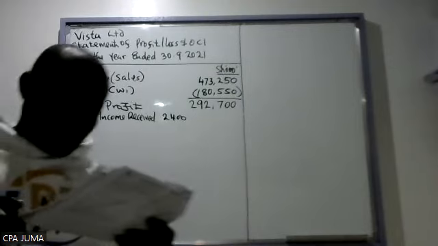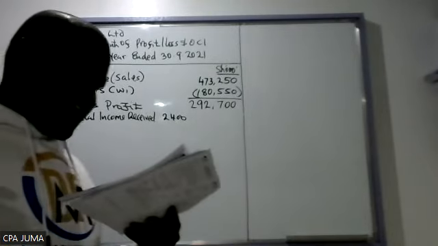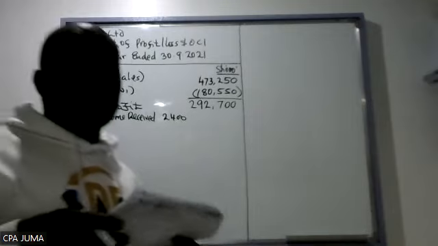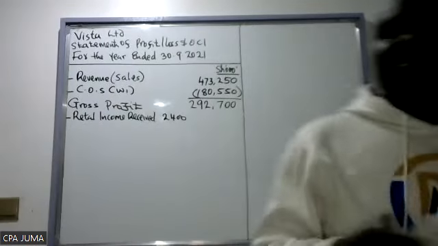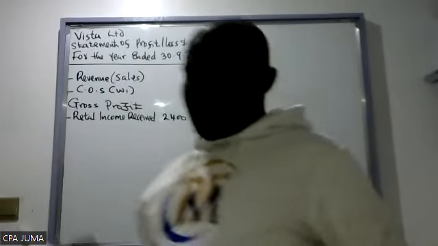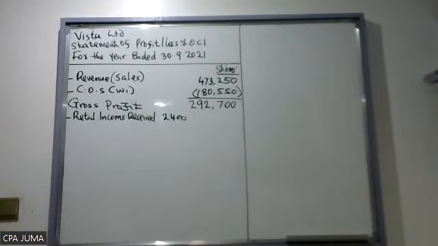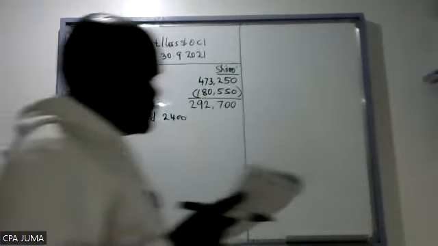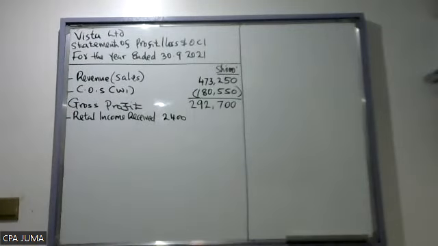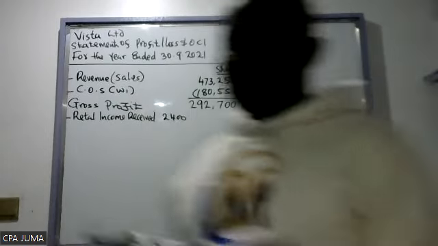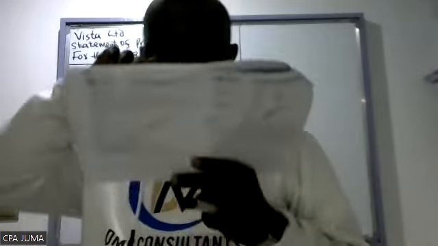Then on top, above your rental income, there is investment property. Check and tell me how much you are seeing. Yes, that is true. It is 24,600.